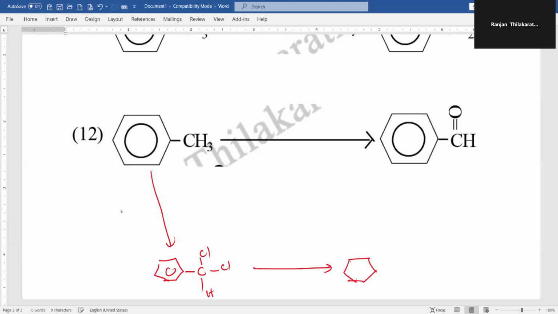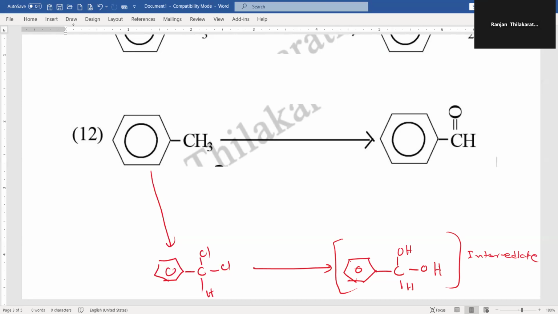Actually, this is an intermediate. No need to write it down. If you get that in your A-level exam, then no need to write down this step. This is an intermediate product, so I will write it in square brackets. Why? Having 2 OH groups on the same carbon is highly unstable.